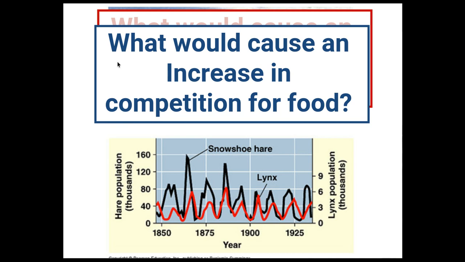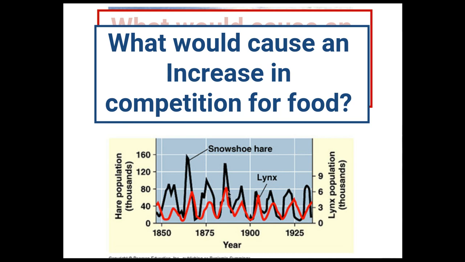So the question says, what would cause an increase in competition for the food? So if the lynx has to compete for food, do you think there's a lot of hare? A lot of bunnies? No. If there's not a lot of food, it's going to increase the competition. So if it increases the competition, then a lot of those lynxes are going to start to die.